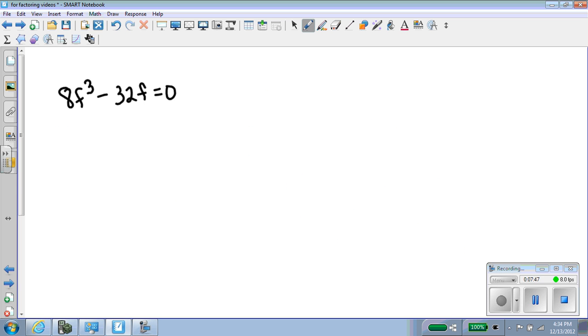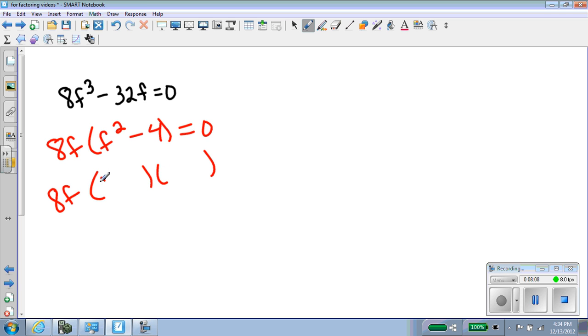Well, I have equals 0, but I don't even have a trinomial. The two terms have something in common. They have 8f in common, leaving f squared minus 4. Ooh, I can factor that. 8f times f plus 2, f minus 2.